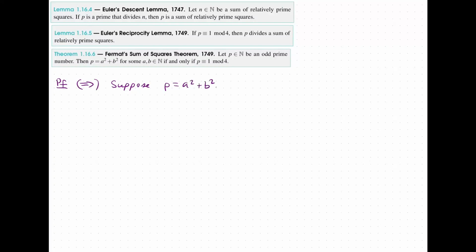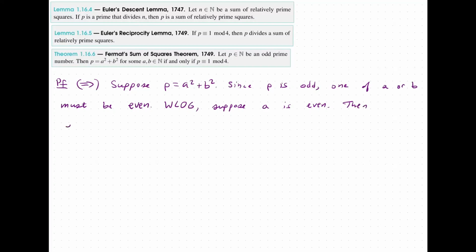We know that p is an odd prime by assumption, but since p is odd, one of a or b must be even. So without loss of generality, suppose a is even.